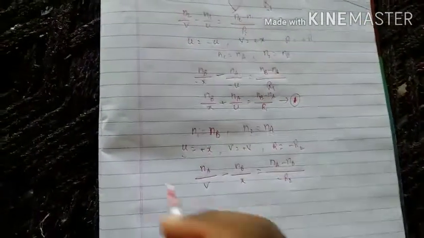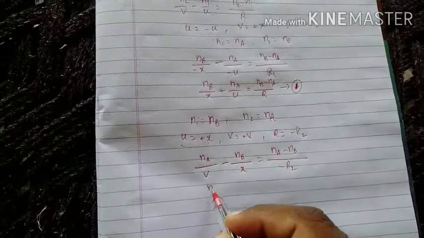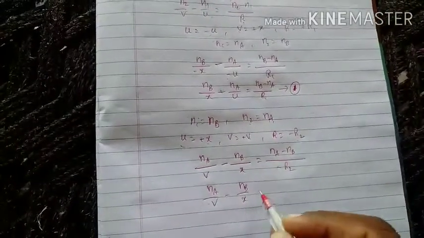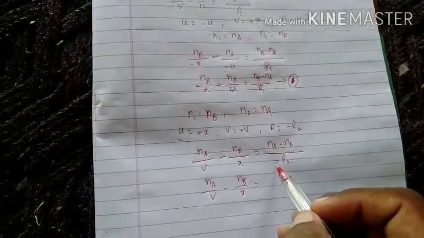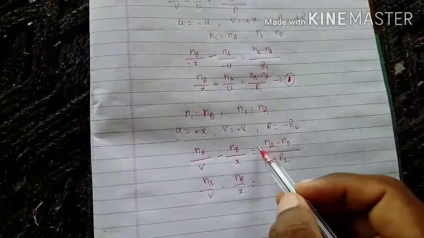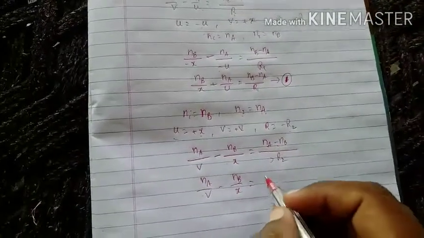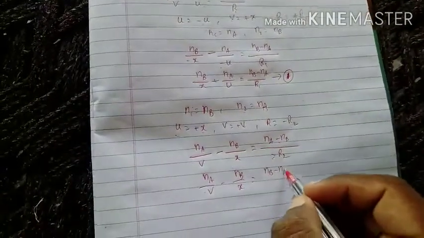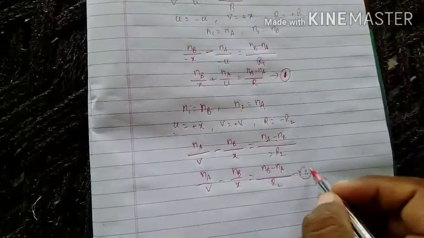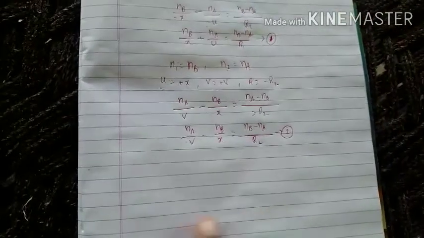Here I will make a small modification in the RHS, that is NA by V minus NB by X equal to, taking the minus in the denominator into the LHS, plus NA becomes minus, minus NB becomes plus, then it will be NB minus NA by plus R2. Now this is equation 2.